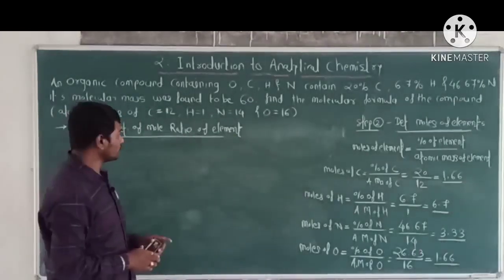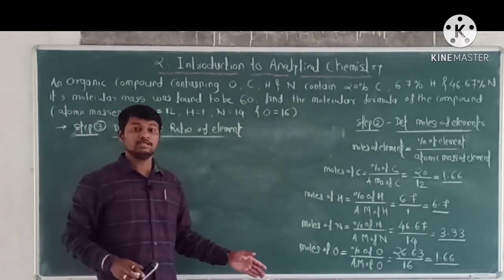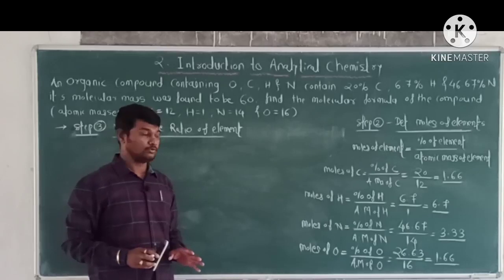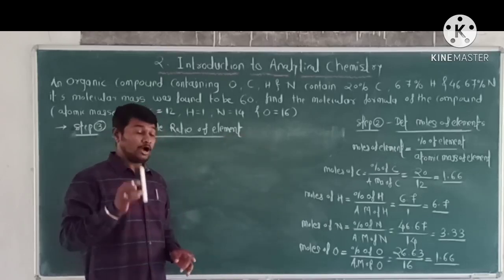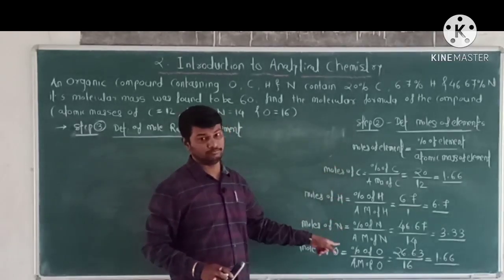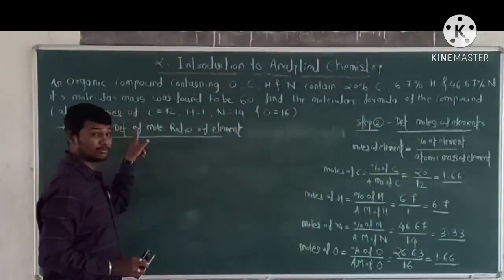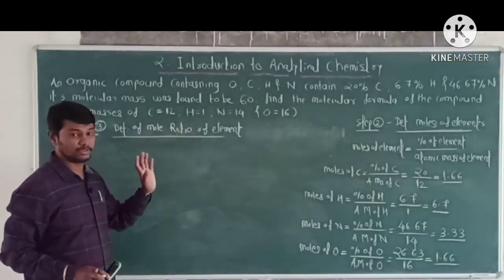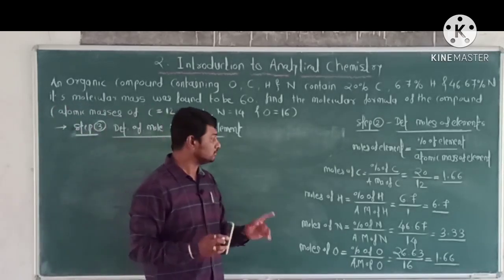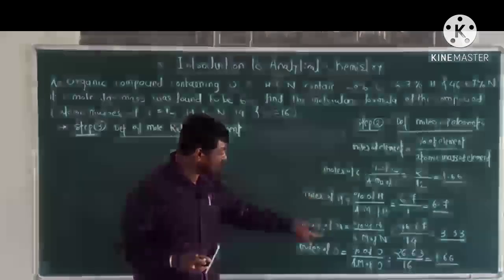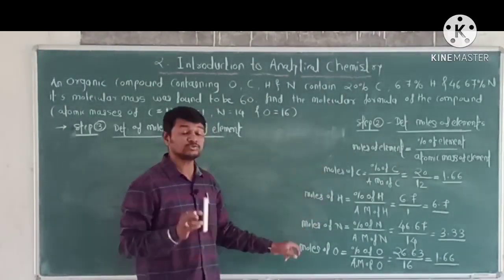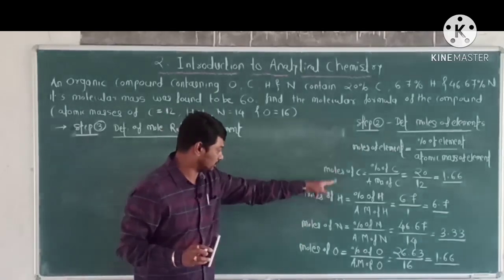The mole ratio of the elements is obtained by dividing the moles of each element by the smallest mole value among them.